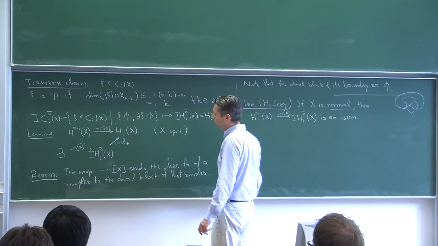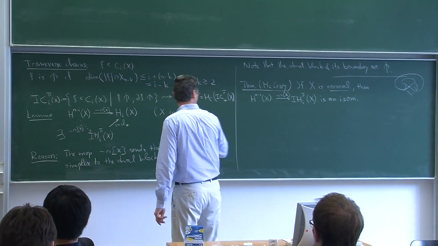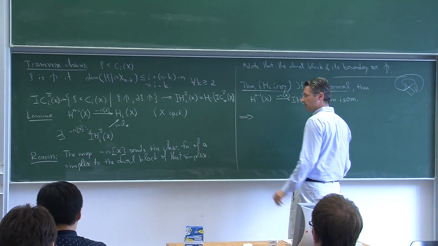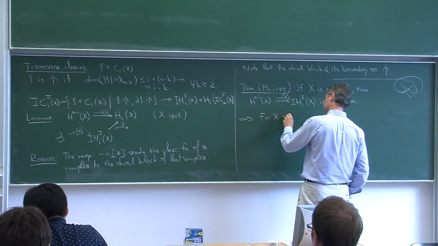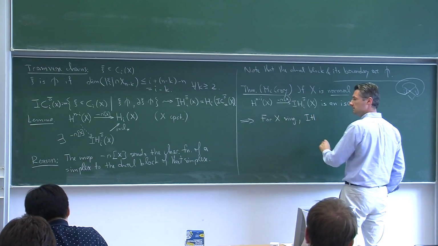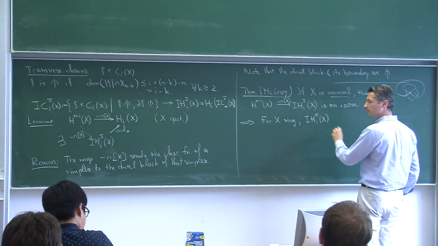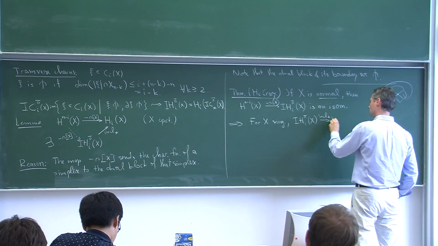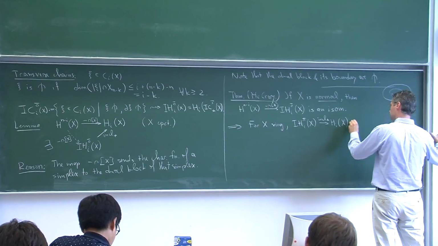That's really what goes wrong with Poincare duality for singular spaces. So the theorem implies now that for X singular, this map induced by the inclusion is generally not an isomorphism.